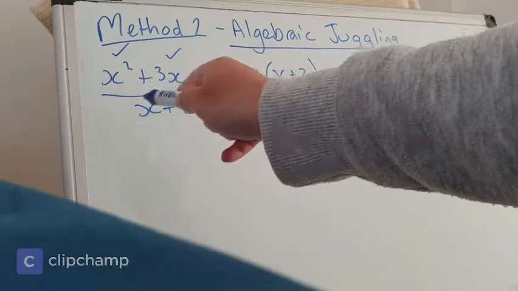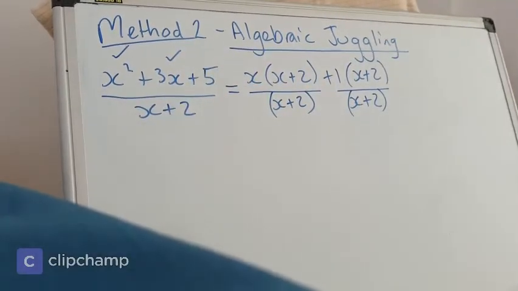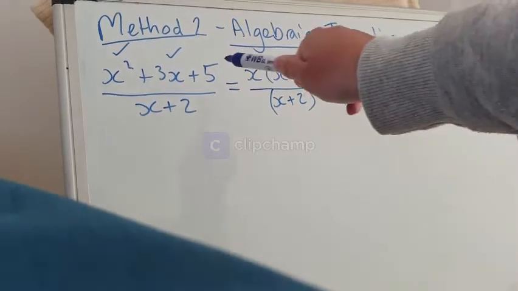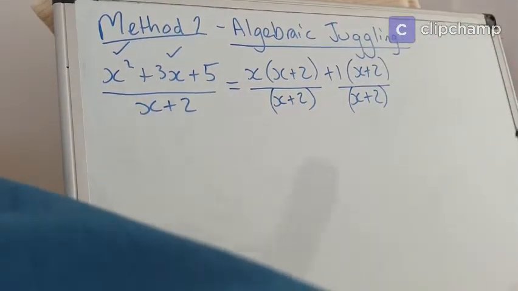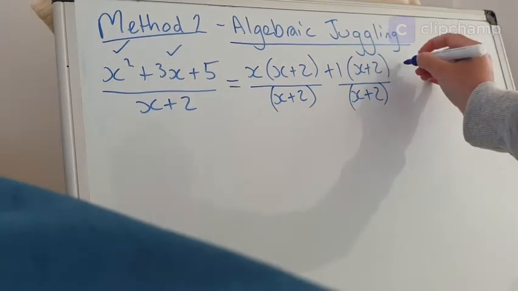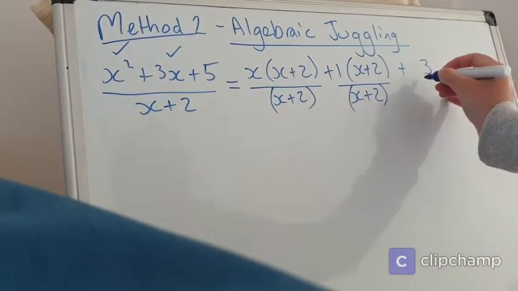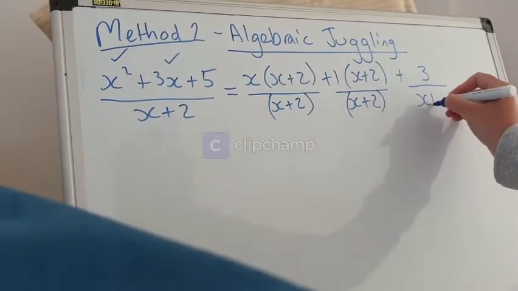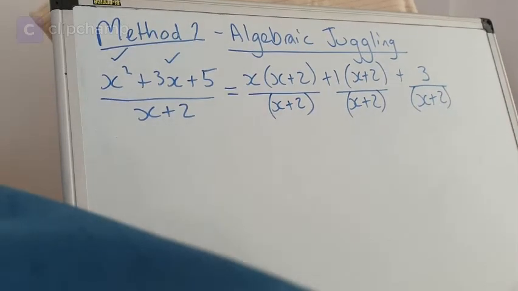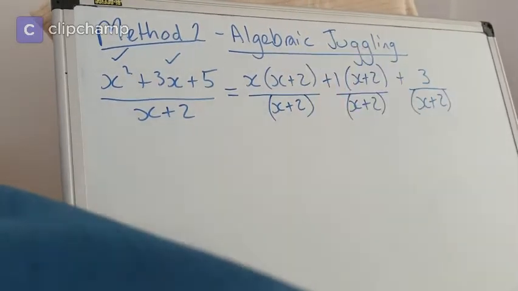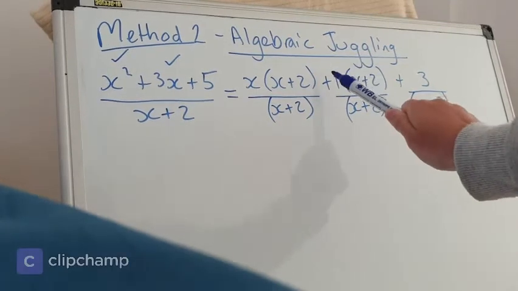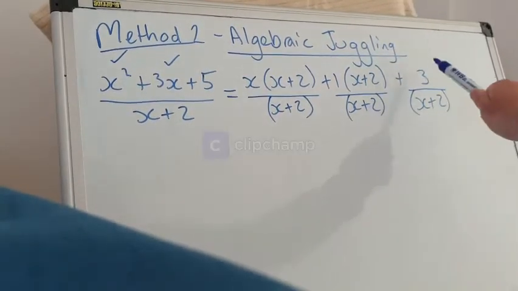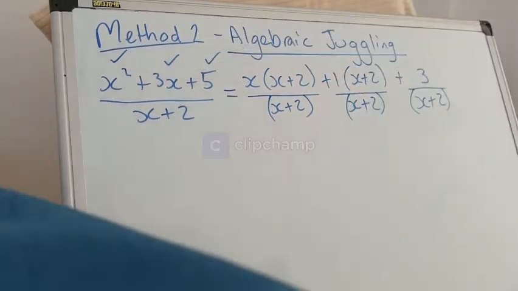So we cannot use the denominator in this case to multiply to get 3. So we're trying to get 5, I've already got 2, so at the end I can just put plus 3. But again, to keep the equation balanced, I have to divide through by the same denominator. I double check: I've got my x squared, 2x plus an x gives me 3x, and a 2 plus a 3 gives me the 5 I'm looking for.